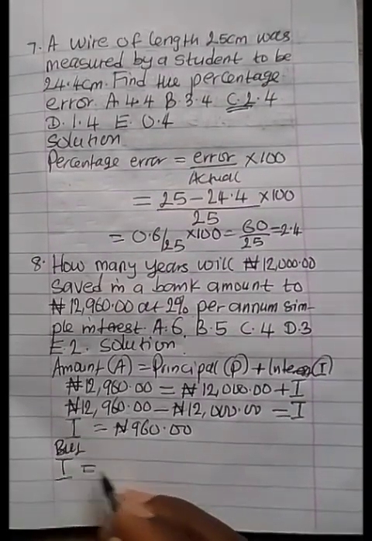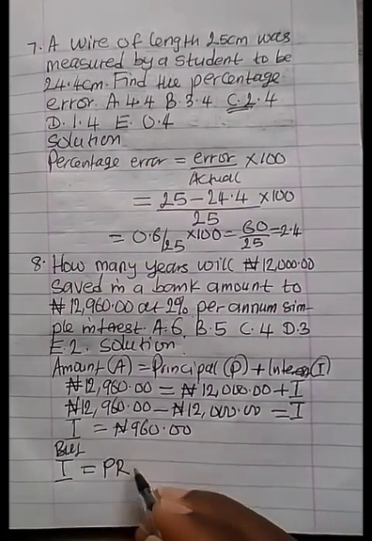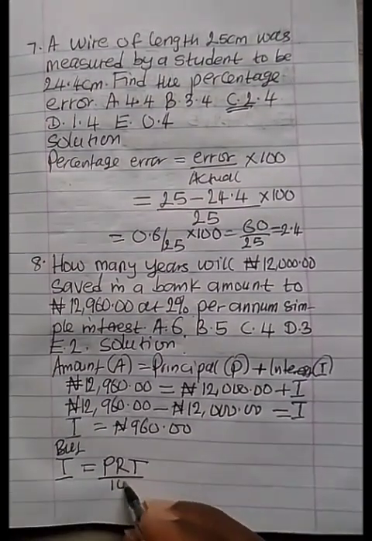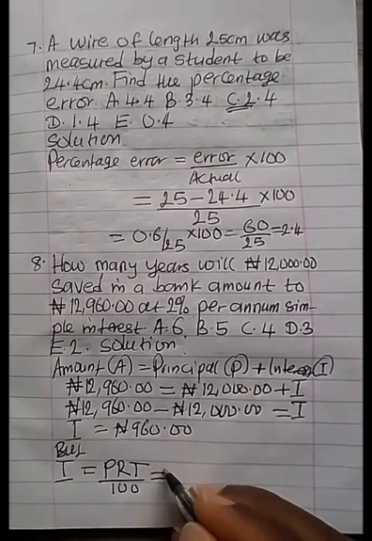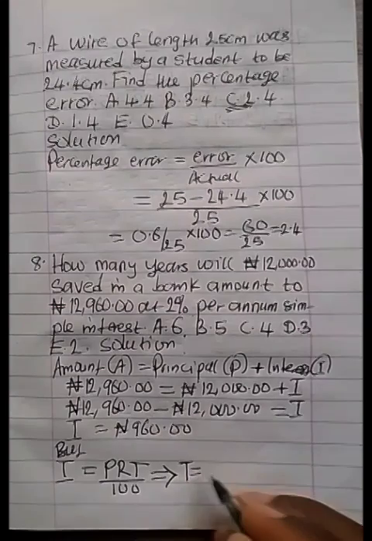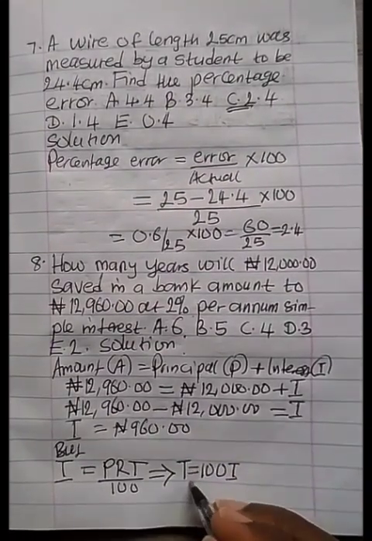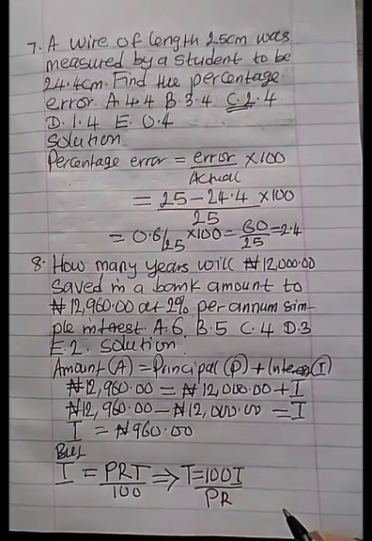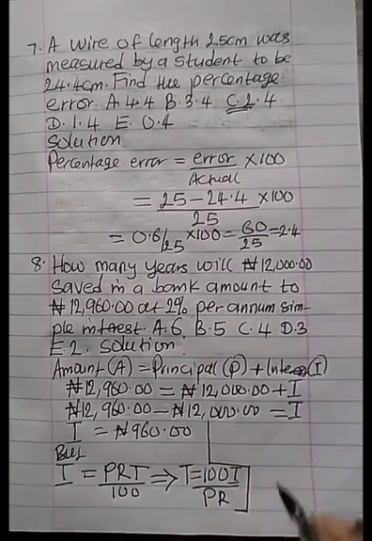But interest is equal to principal times rate times time all over 100. If you make time the subject, T is equal to 100 times interest all over P R. Let's take it from here.